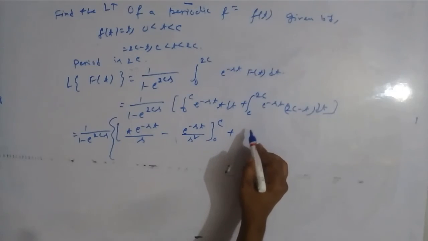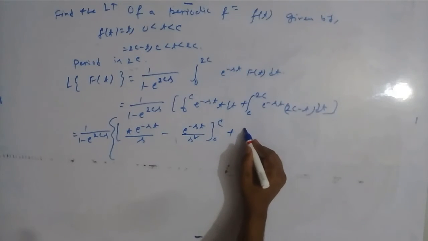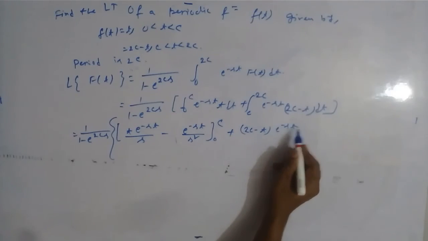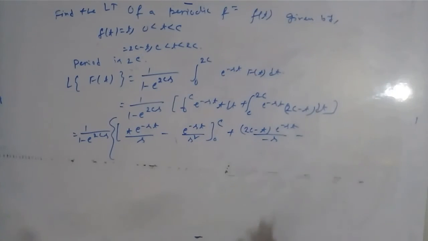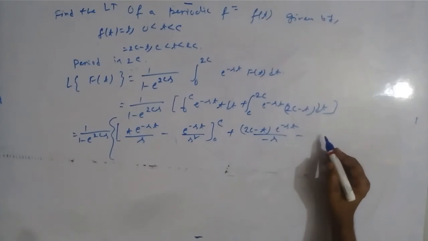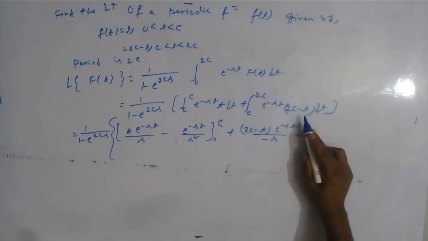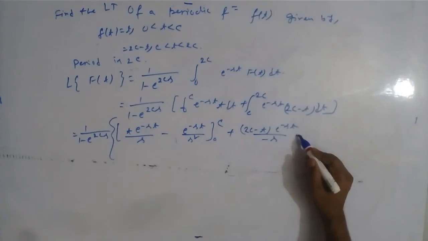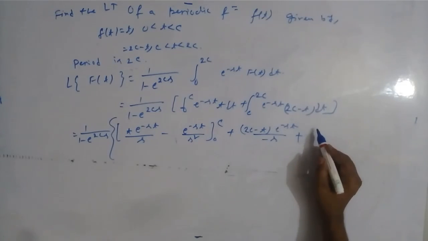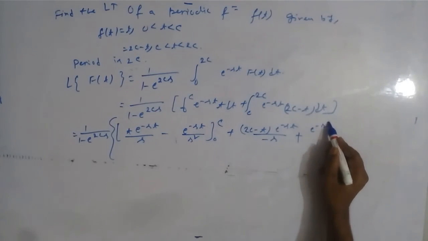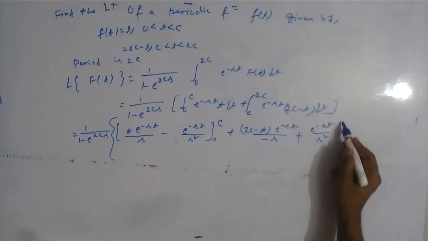Plus (2c minus t) into e to the power minus st by minus s, minus, the differentiation of the first function is minus 1, so this will be plus e to the power minus st by s square. The limit is c to 2c.